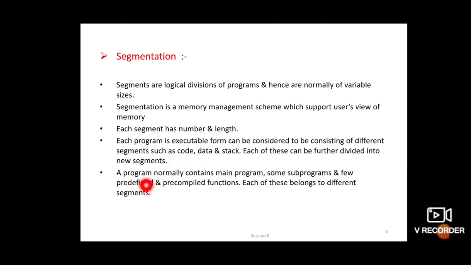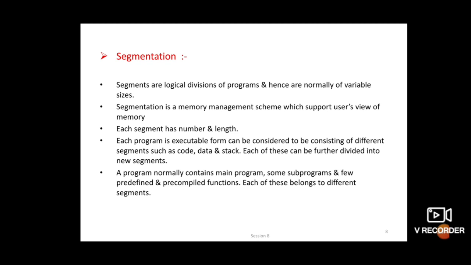Understood? Now next, a program normally contains a main program. Suppose in a process there is a main program, a sub program, and a few predefined or precompiled functions. Predefined functions means, for example, sqrt, square root, or sqr; these are predefined functions.